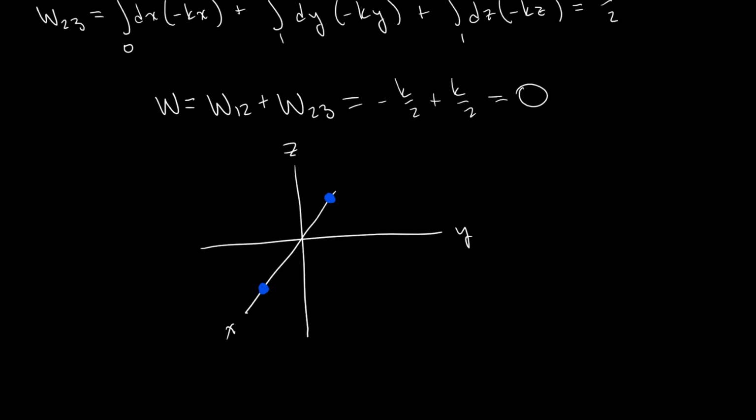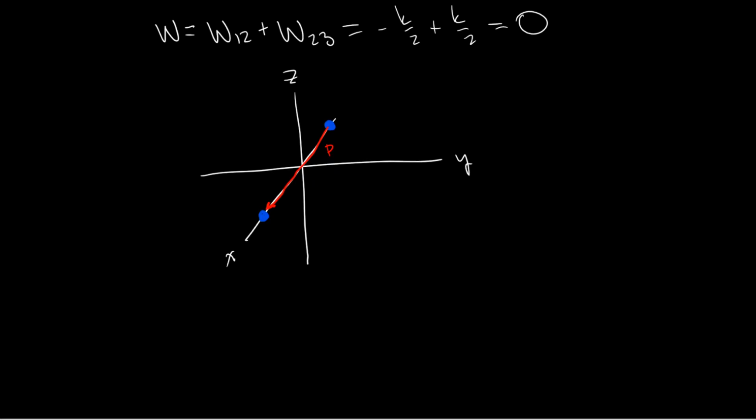But instead of going in a roundabout way, we just go directly from the first point to the last point. I'll just call this path P. Well, in this case, the work is equal to the integral dx of minus kx, because that's our force. And in this case, we're going from -1 to 1.